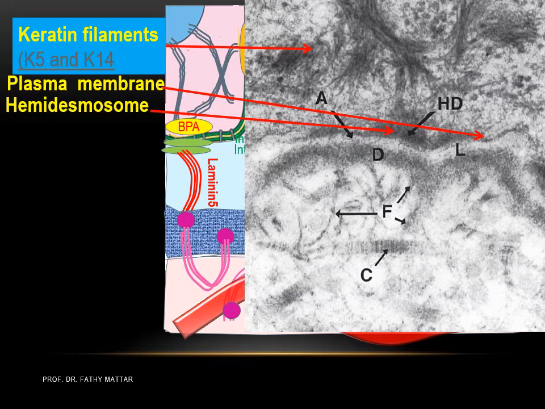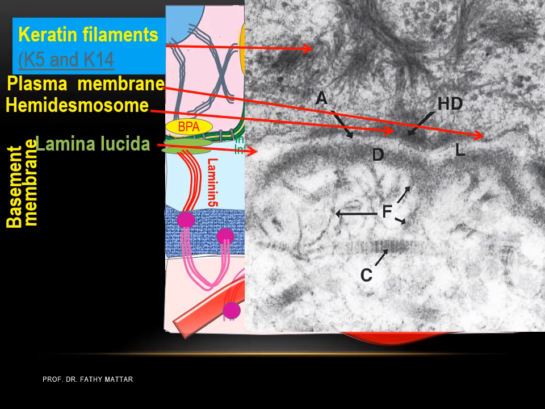The hemidesmosome connects the keratin filaments inside to the basement membrane. It connects these structures to the lamina lucida of the basement membrane by anchoring filaments.